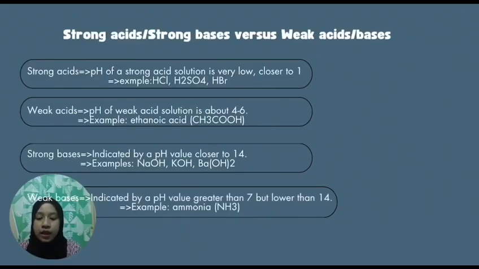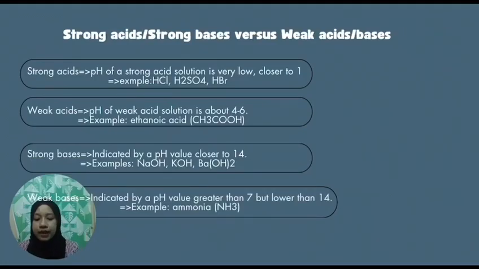Strong acid, pH of strong acid solution is very low, closer to 1. For example, HCl, H2SO4, HBr. For weak acid, pH of weak acid solution is about 5 to 6. For example, ethanoic acid, CH3COOH.